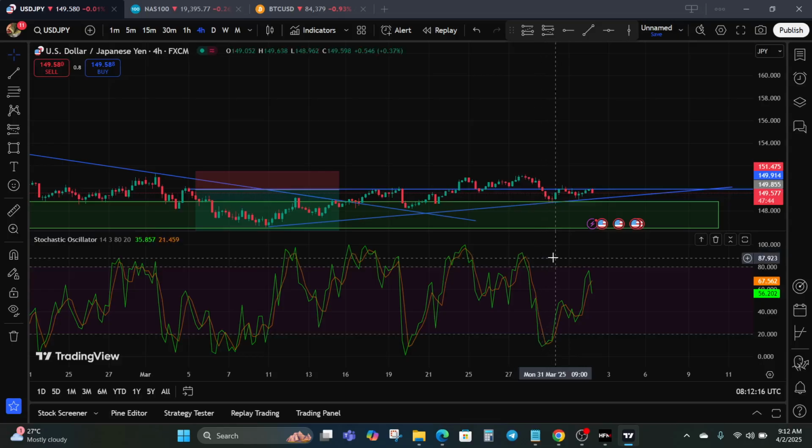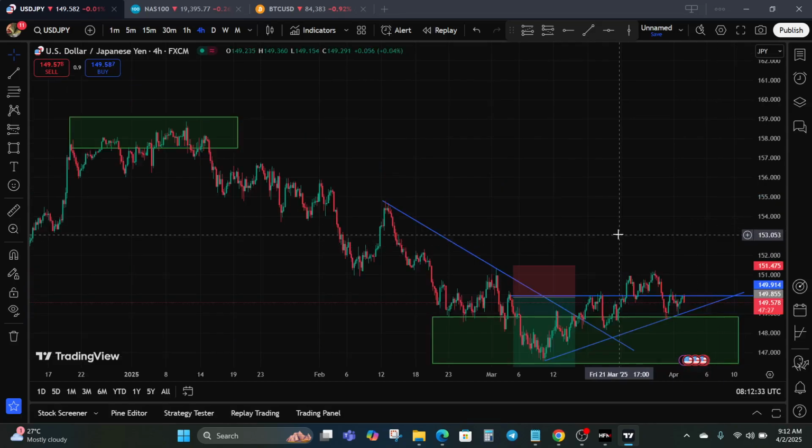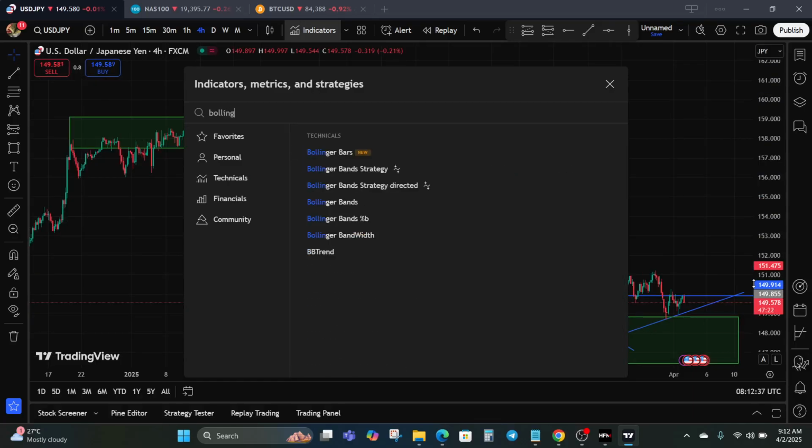Readings above 80 suggest overbought conditions, while readings below 20 suggest oversold conditions. It is great for spotting reversals on shorter time frames, but you can also use it on higher time frames, of course. Now, the third indicator we are going to be looking at is the Bollinger Bands.